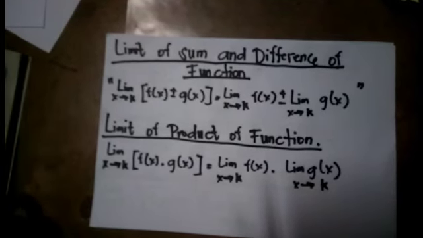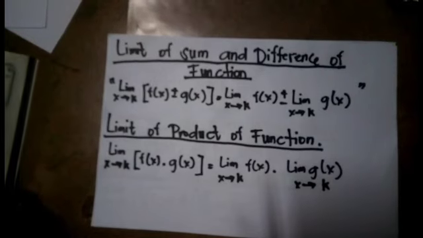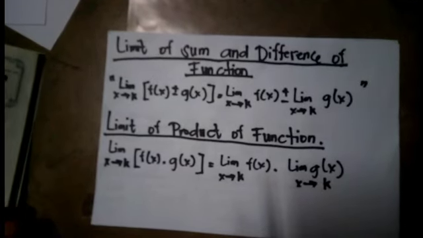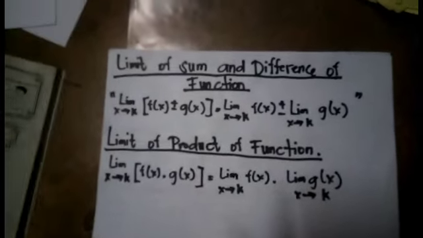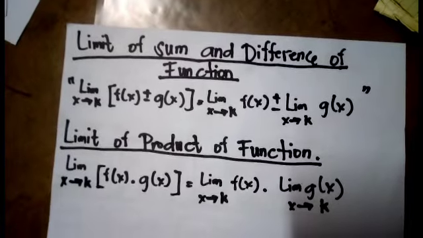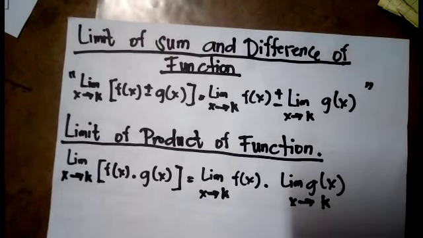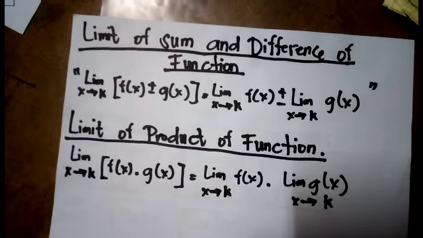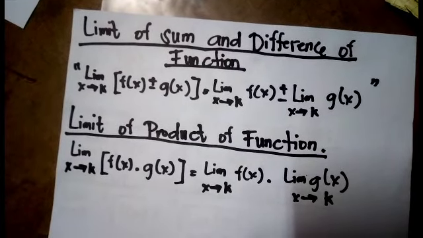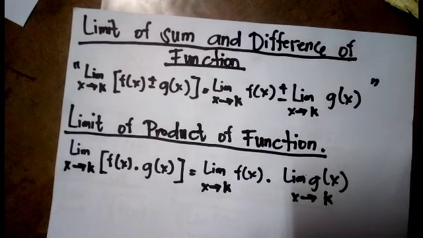Fifth, limit of product of function. Limit of f of x times g of x as x approaches k equals limit of f of x as x approaches k, times limit of g of x as x approaches k.